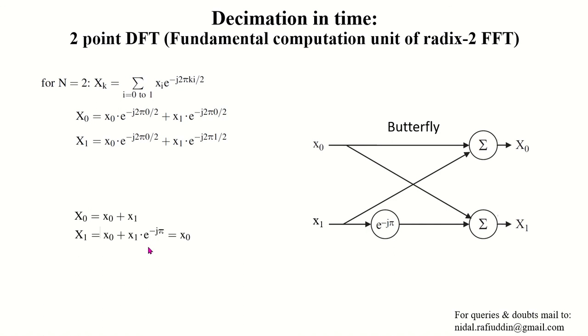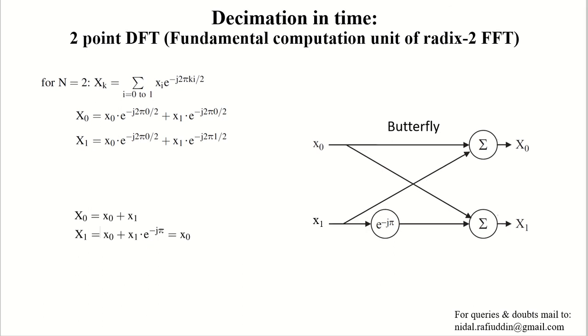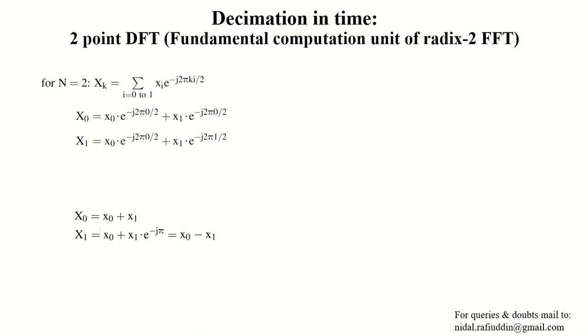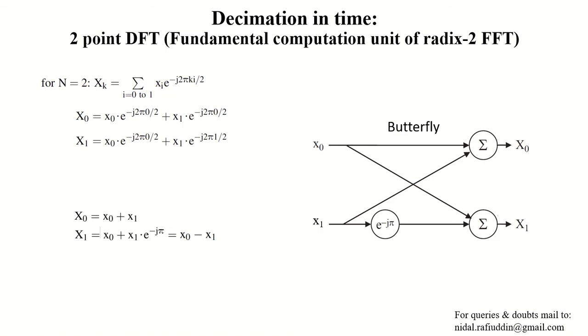Now e raised to the power j pi can be written as minus 1, and thus what we get is x0 minus x1. Sorry, this was missed here. This is the correct expression.